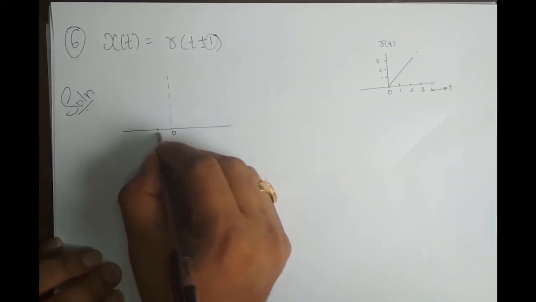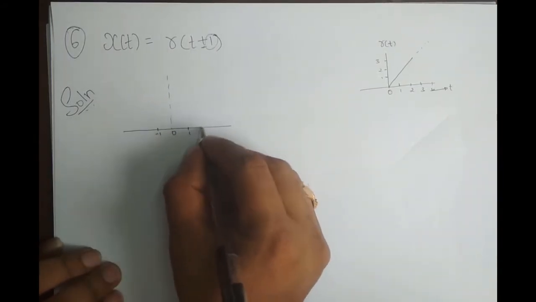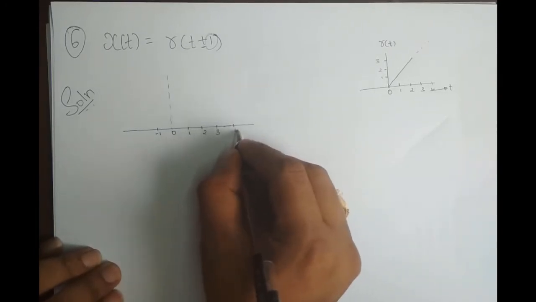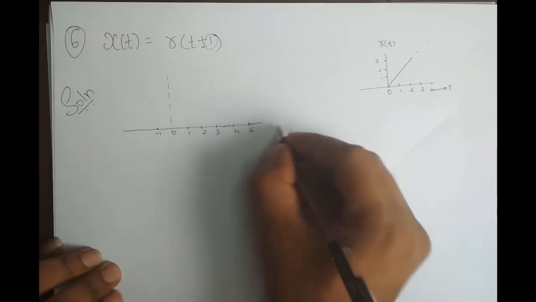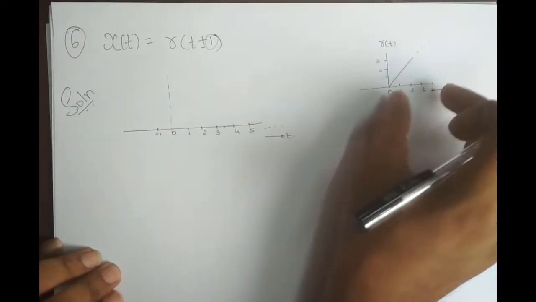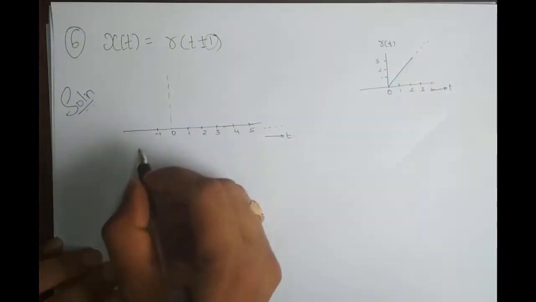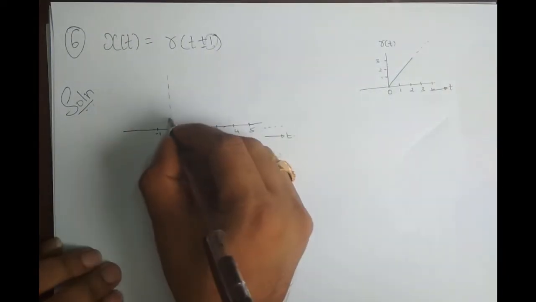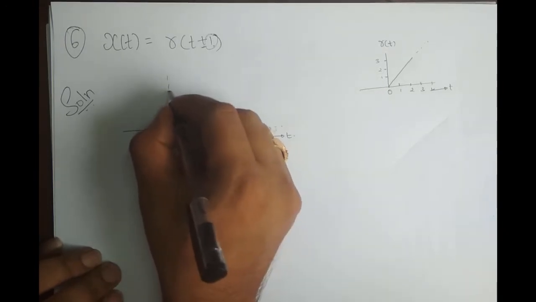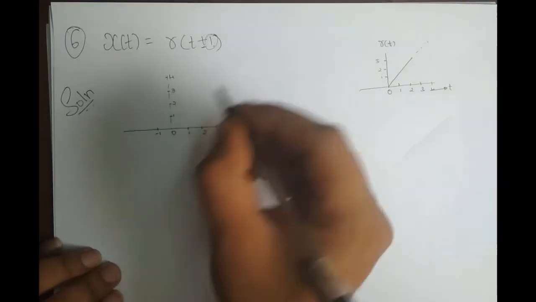This is at t is equal to minus 1, plus 1, 2, 3, 4, 5, and this continues, right? So this is t. Now this entire signal is shifted left how many times? One time, right? So this is amplitude 1, this is amplitude 2, this is amplitude 3, this is amplitude 4, and this goes on.